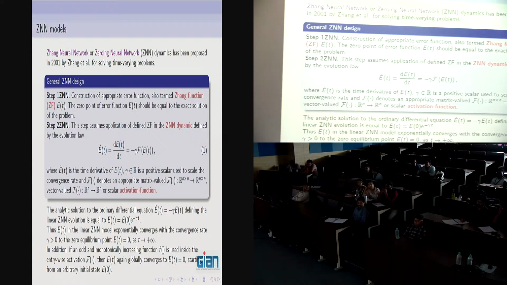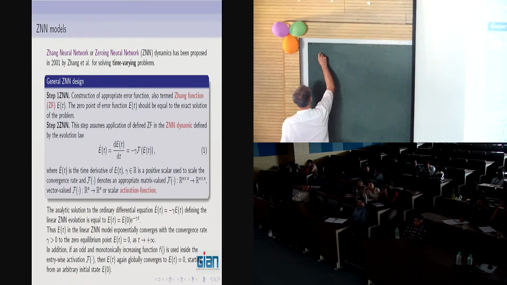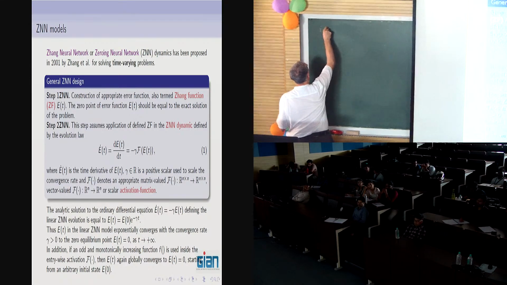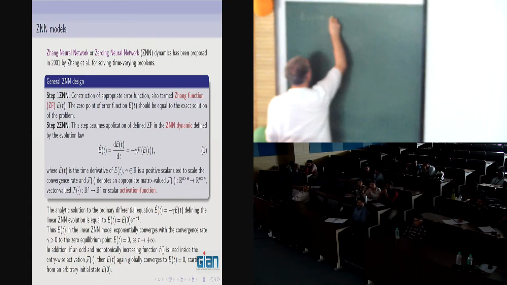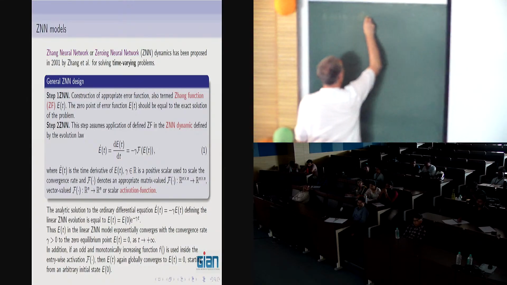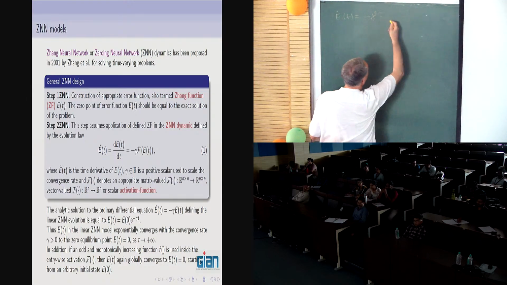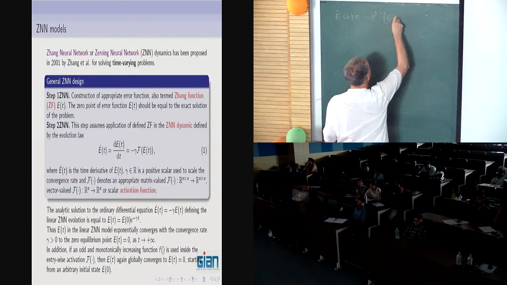I will put here the ZNN dynamical system, it will be necessary constantly. The time derivative of E of t is minus gamma, the scaling parameter, F which can be used or cannot be used, applied to E of t.